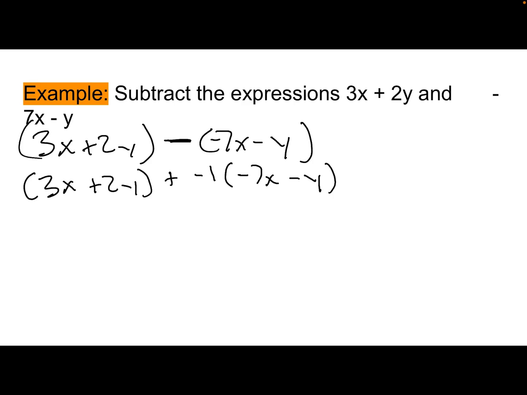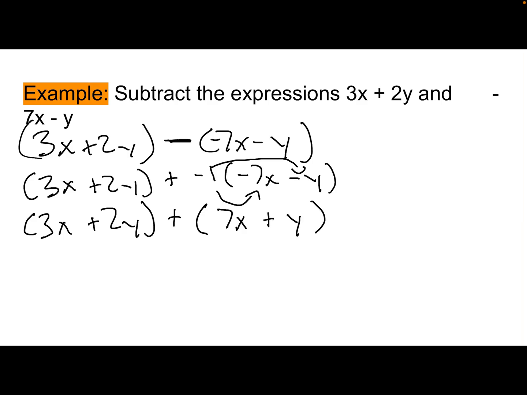Now we distribute that negative 1. It needs to multiply the negative 7x and also the negative y. Negative 1 times negative 7x will give us a positive 7x, and negative 1 times negative y will give us a positive y.